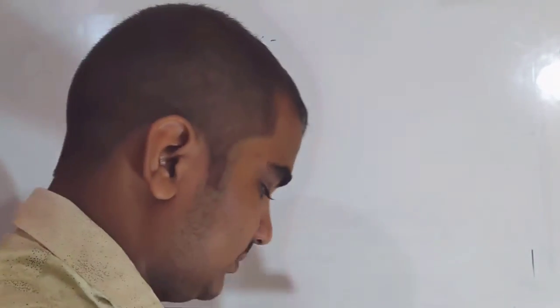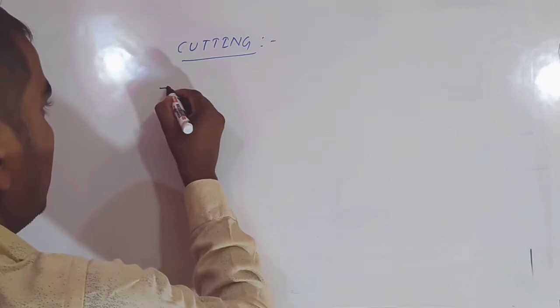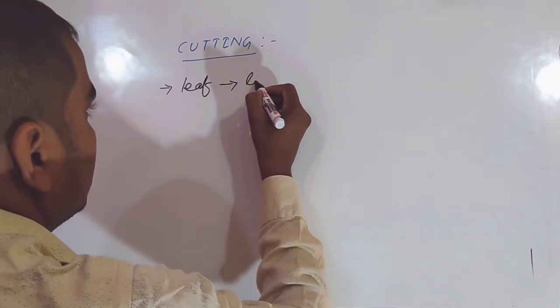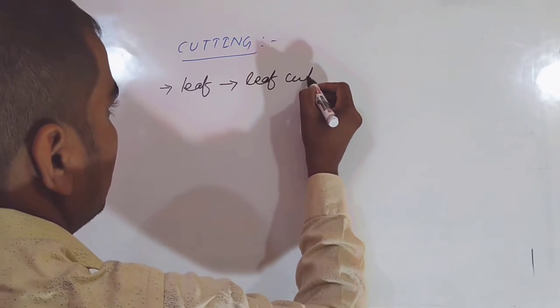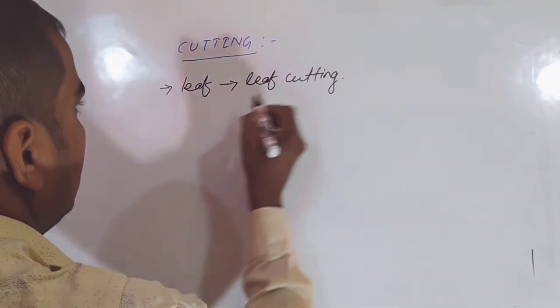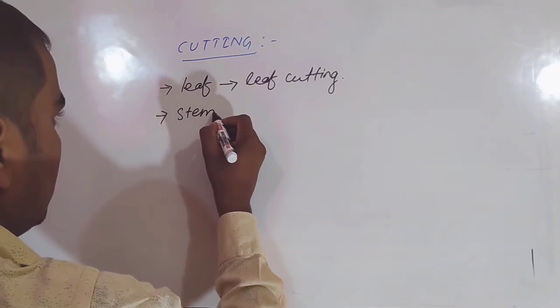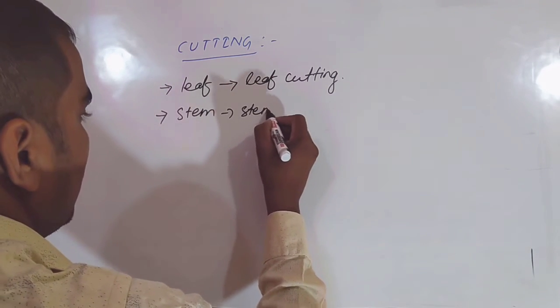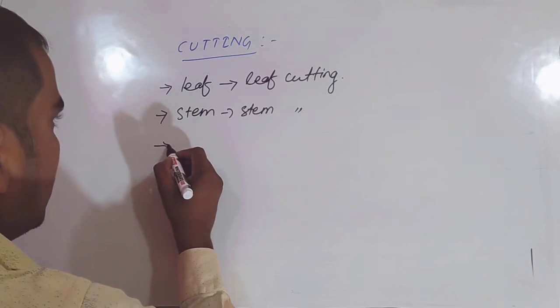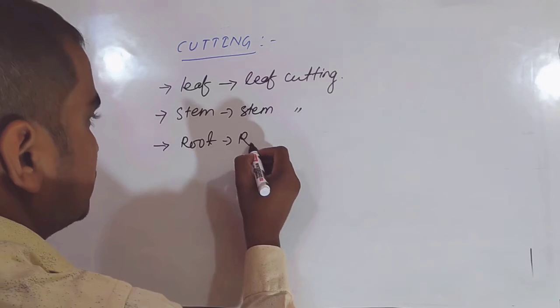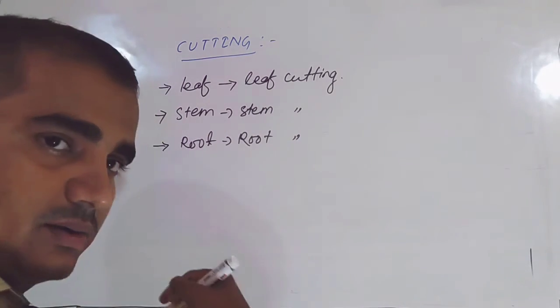Let me write down: if the cutting is done by the leaf, this is known as leaf cutting method, if by the stem, stem cutting method, and if by the root, root cutting method.